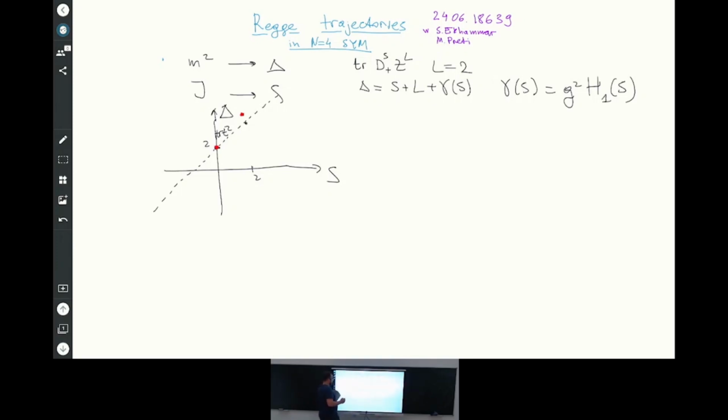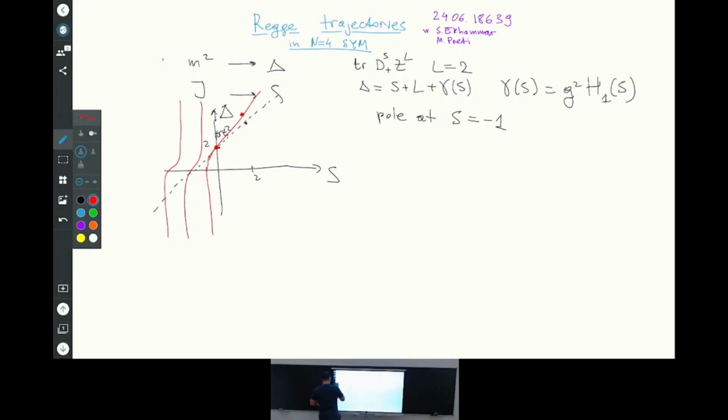This operator is protected, so gamma should vanish. And then it goes roughly like that, comes through 0. And then at this point, when S is -1, you see there is a pole. So this trajectory goes this way, and then it reappears here, carries on like that. So it has poles at all odd negative integers for the spin.